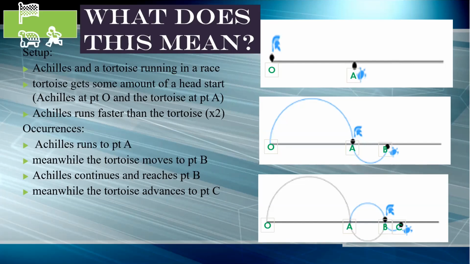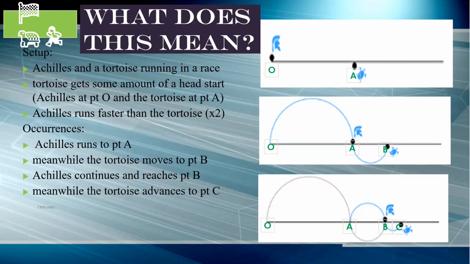So we're basically looking at Achilles and the tortoise's motion in respect to each other, saying that Achilles, as he's moving forward, must always reach the point where the tortoise was the last time we looked at them.